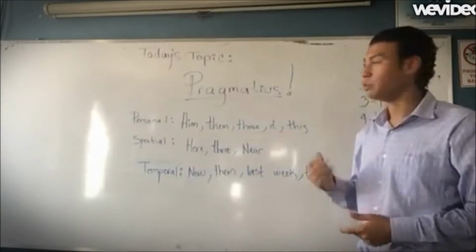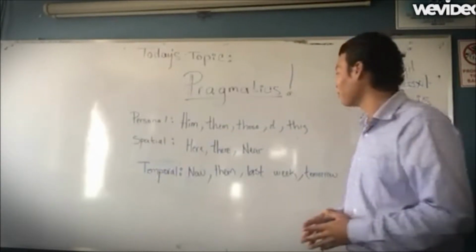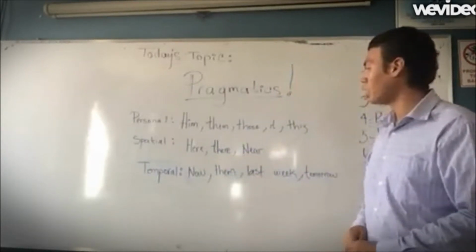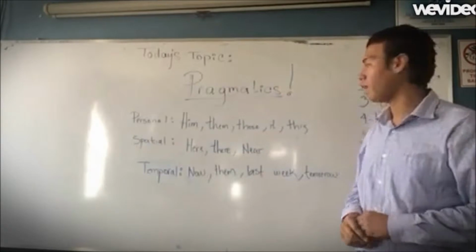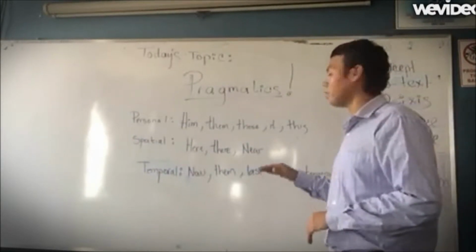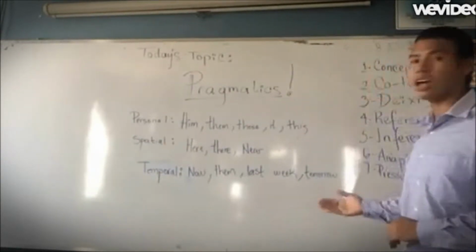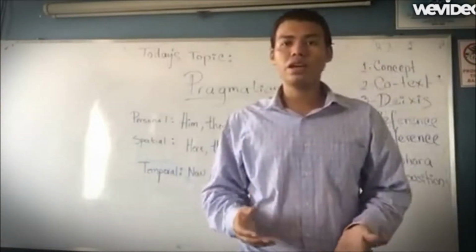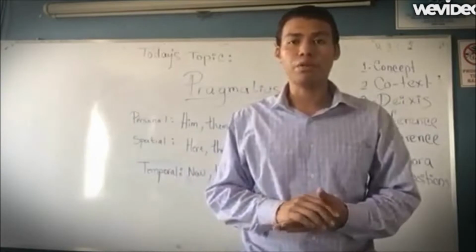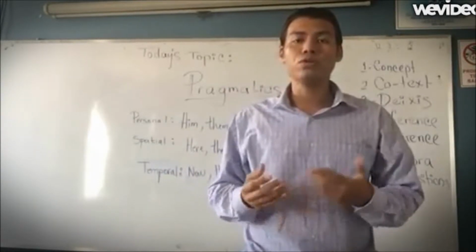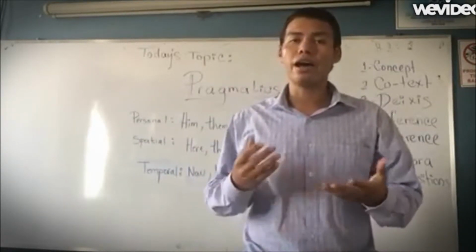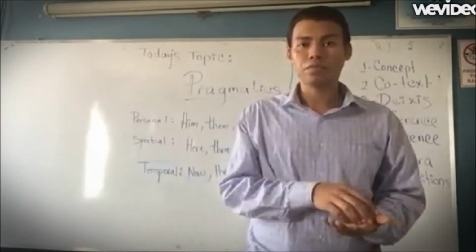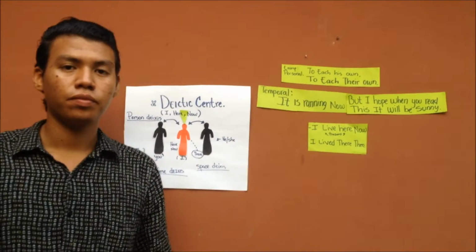In spatial deixis we have here, there, and near. In temporal deixis we have words like now, then, last week, and tomorrow. So deixis is used in pragmatic forms to refer, or as pronouns in our speech.